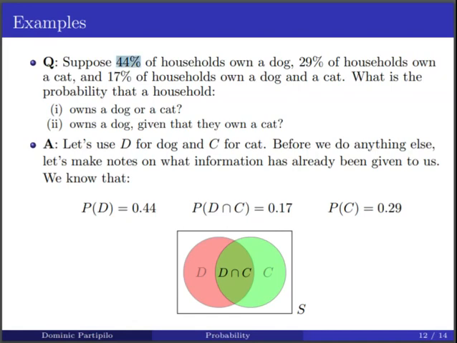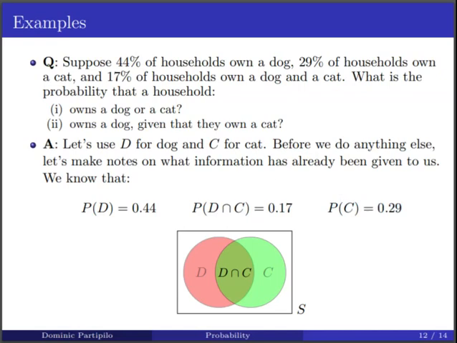So we're being given this 44, this 29, and this 17. How do we express those in terms of probabilities? Well, 44% of households own a dog, so that means the probability that a household owns a dog is 0.44. And we're told also that 29% of households own a cat, so the probability of cat is 0.29.